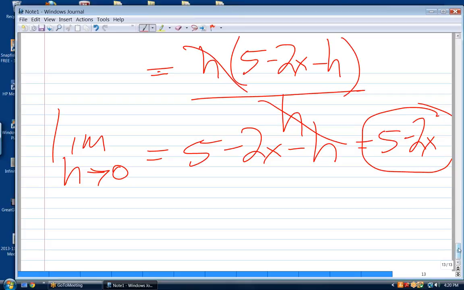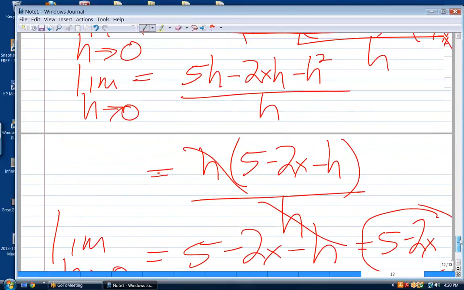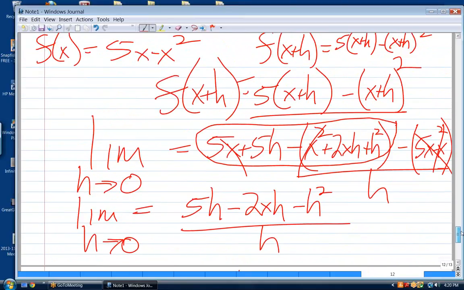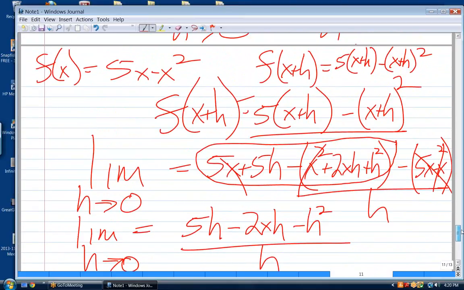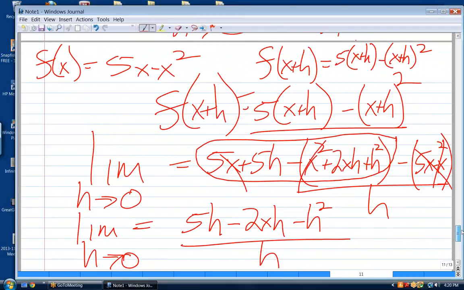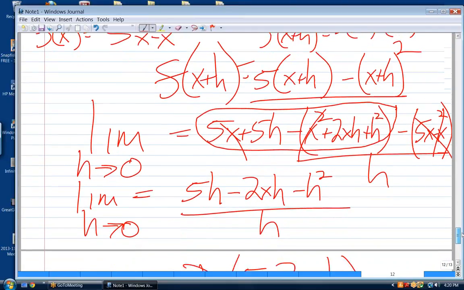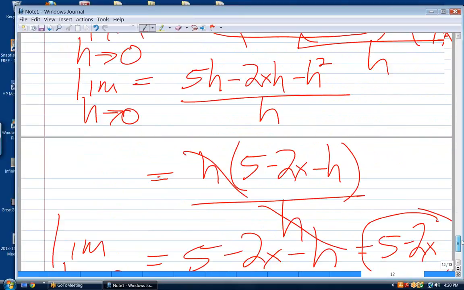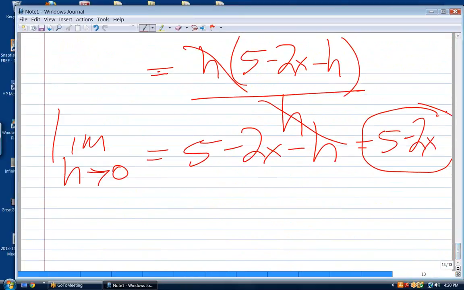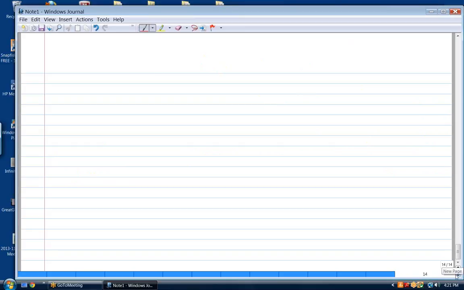The only tough way is when you have to solve f of x plus h minus f of x all over h and take the limit of that quantity as h goes to 0. That's the difficult way to do it. It gives you the same first derivative, which I could have gotten by the power rule in about 5 seconds, but you haven't learned the power rule yet, so let's not go there.